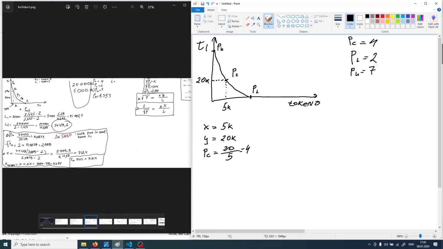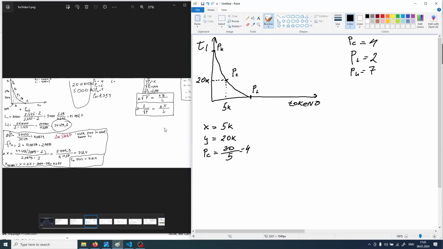Nice. We must calculate liquidity. So the user put these assets into this position, and we must give him liquidity. So how is it calculated?